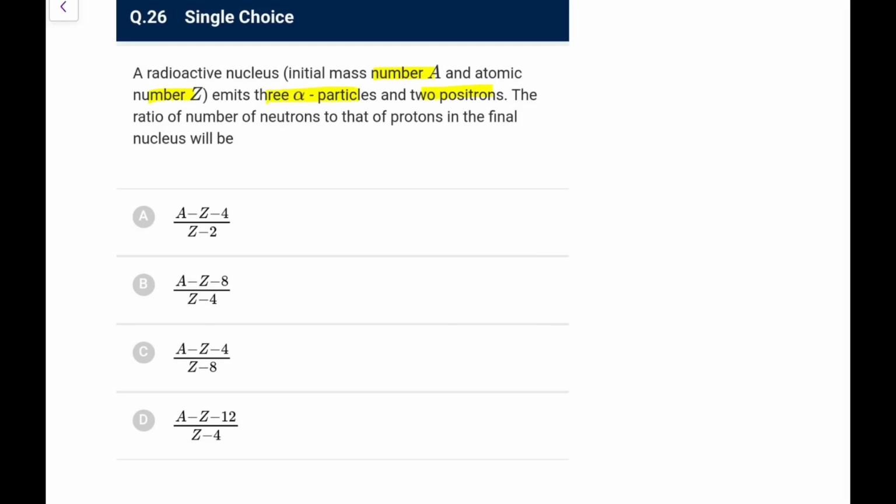Next, a radioactive nucleus which has initial mass number A and atomic number Z emits 3 alpha and 2 positron. 2 positrons means beta plus. So 3 alpha means the mass number is going to decrease, delta A will decrease by 12, or you can say it loses 6 protons and 6 neutrons. Now in positron emission, a proton converts into a neutron.